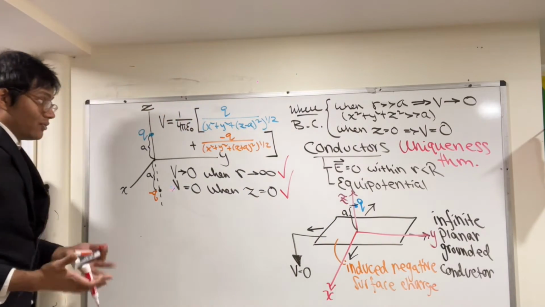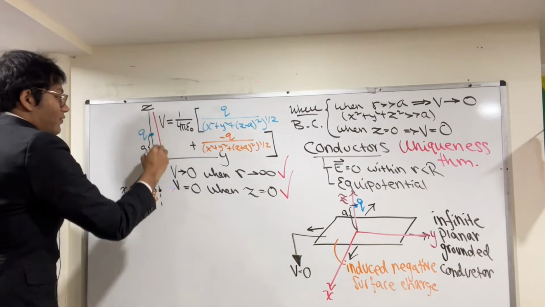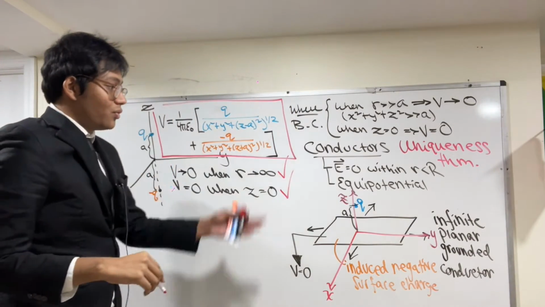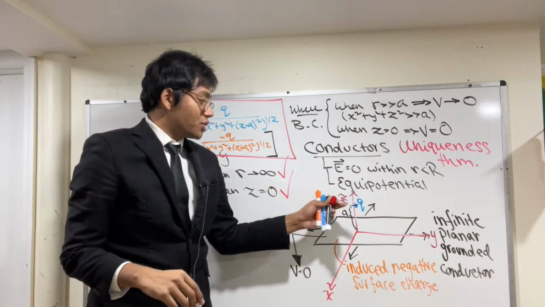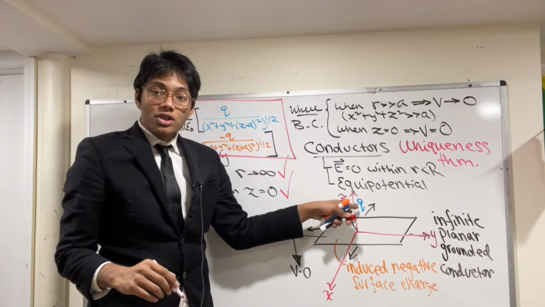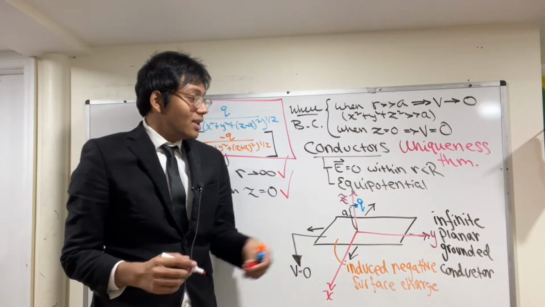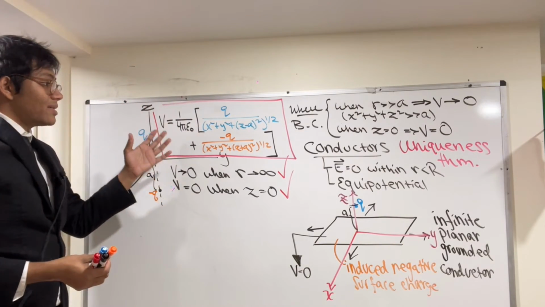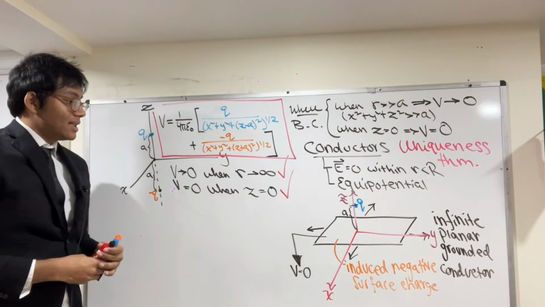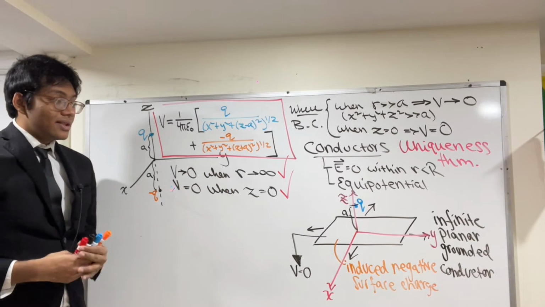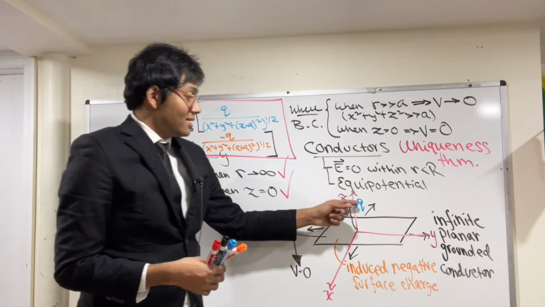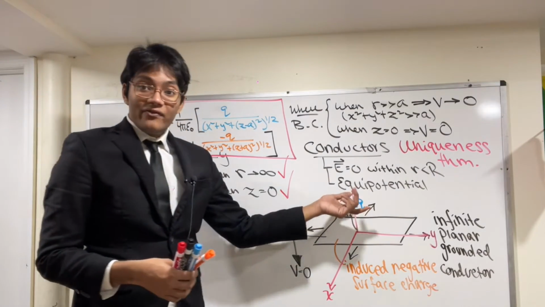Well, what does that mean? Well, we've just found the potential for our original problem. We've answered our question, which was, what is the potential for this charge distribution when you bring a charge of magnitude q near an infinite planar grounded conductor? So this was the big idea of the lecture, that infinite planar grounded conductors behave almost like mirrors, in that they take this charge q and they flip it over.